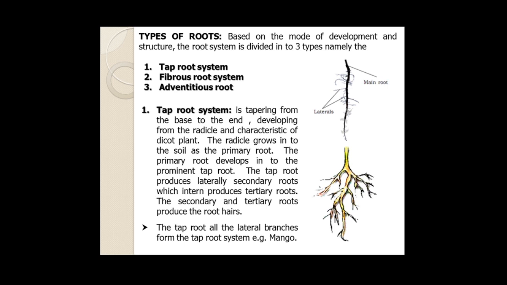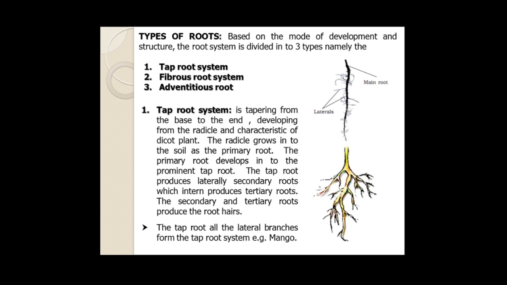Taproot system is tapering from the base to the end, developing from the radicle and characteristic of dicot plant. The radicle grows into the soil as a primary root. The primary root develops into the prominent taproot. The taproot produces laterally secondary roots, which in turn produce tertiary roots.